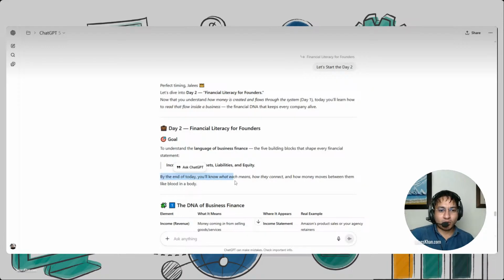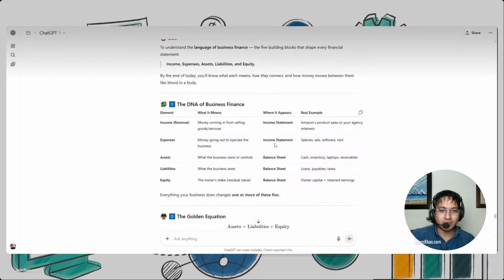By the end of today, you will understand what each means, how they connect, and how money moves between them like blood in a body.